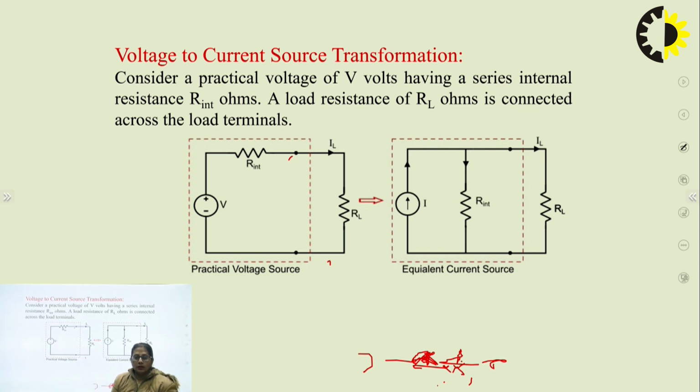We'll derive what the value of this I will be. It has the same internal resistance which was connected in series with the voltage source, but this time it is shown in parallel across the load terminals, and finally your load resistance. This load current is not going to vary. That is why we are going for the source transformation. So this is the conversion.